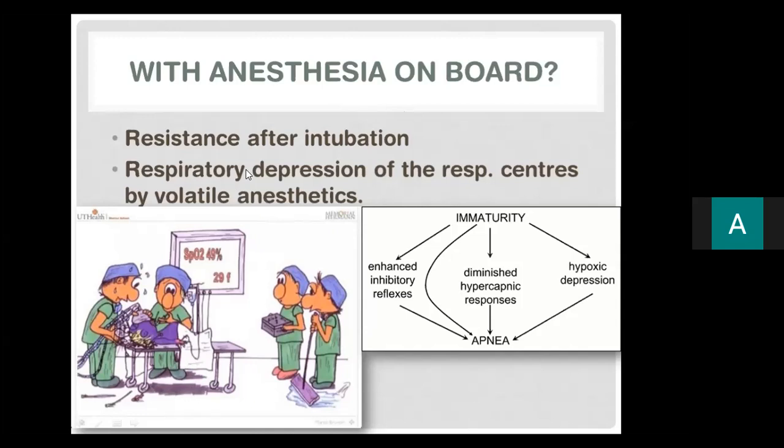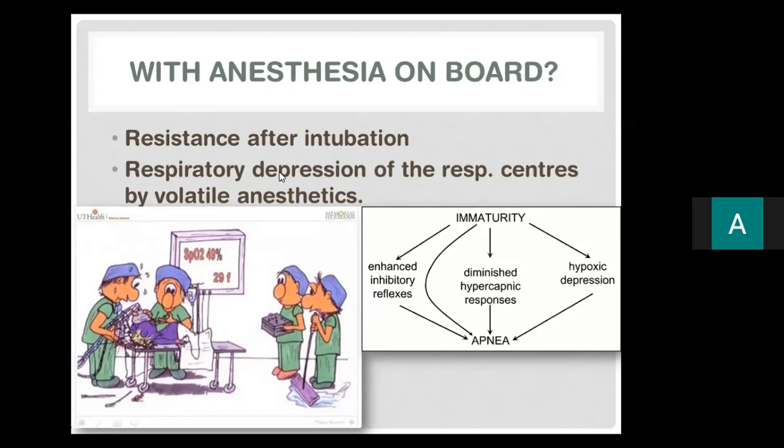And then the other thing is when you give them the respiratory agents that we use, both IV and volatile drugs, you're going to end up with depression of their centers, which are already working sort of prematurely. And so you end up with episodes of apnea.